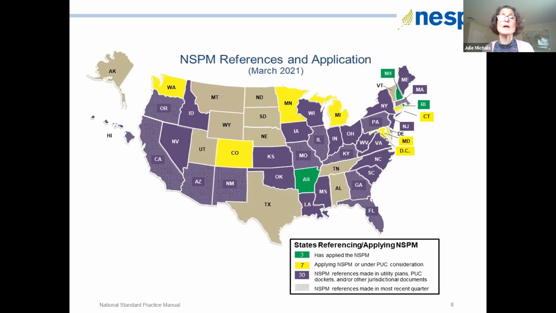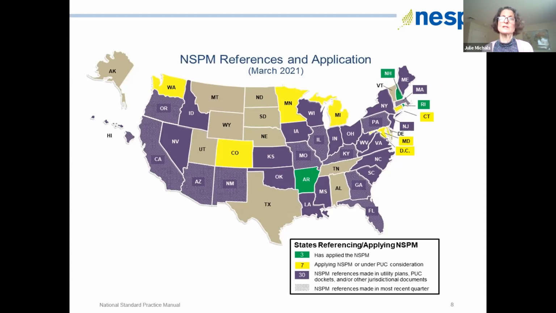And what's interesting now is that we have states looking at applying the NSPM in the context of not just efficiency, but broadly across all DERs, or focusing in on a particular DER, whether it's electric vehicles. There's interest in that application in development right now in Maryland, for example.